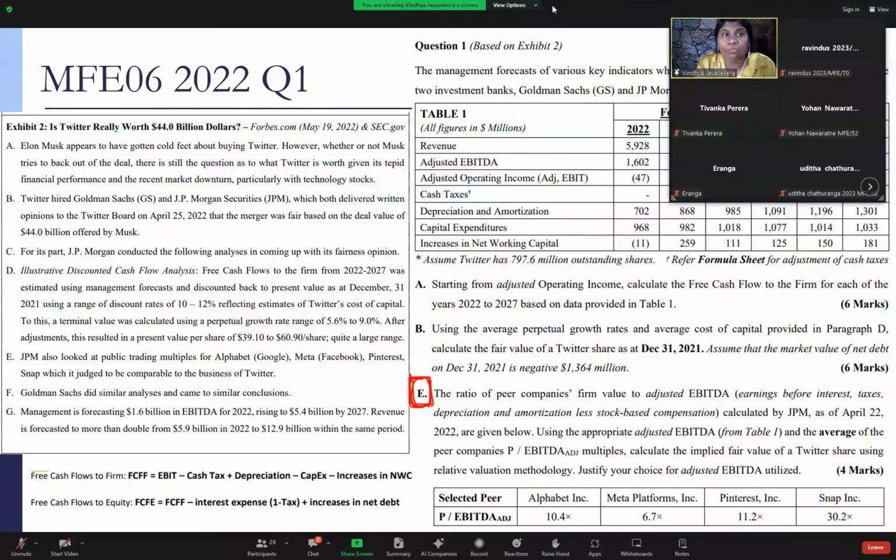Otherwise, we'll take the break and we'll move on to the derivatives section. You can figure it out on your own.